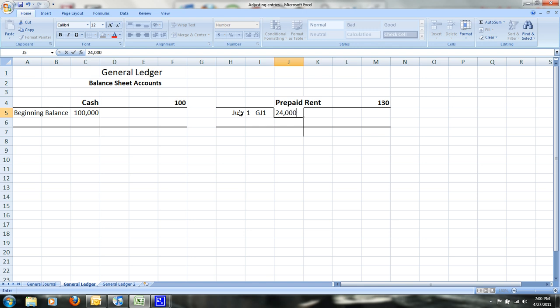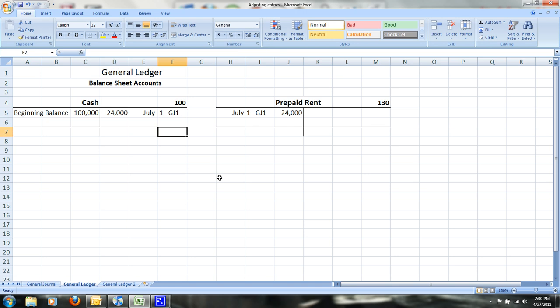Okay. Also on July 1, we credited cash $24,000. So we just put $24,000 right here. And that was on July 1, on general journal page 1, that's where we first did it.